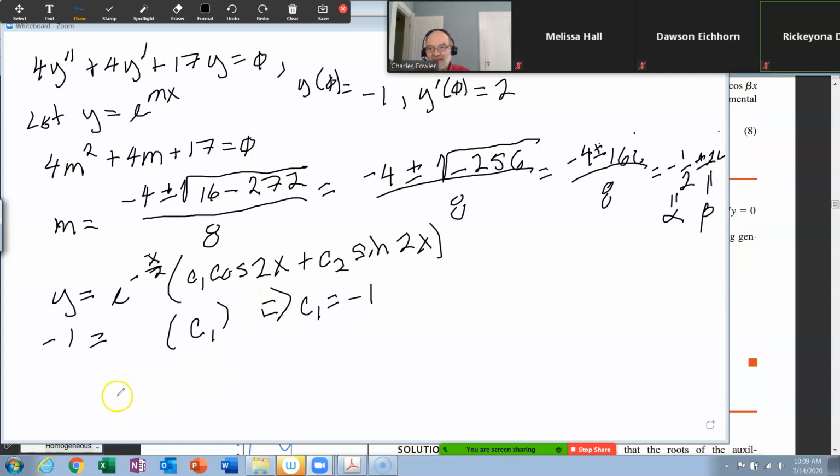So let's take that form. y is equal to e to the minus x over 2 times minus cosine, because we know C1 is minus 1, minus cosine of 2x plus C2, we haven't determined that one yet, sine of 2x.